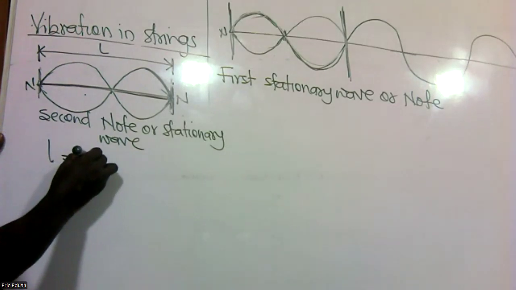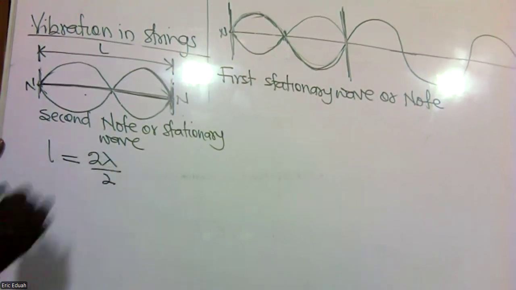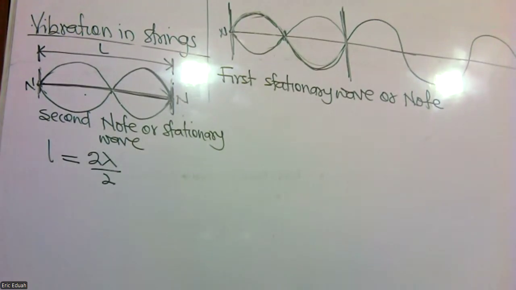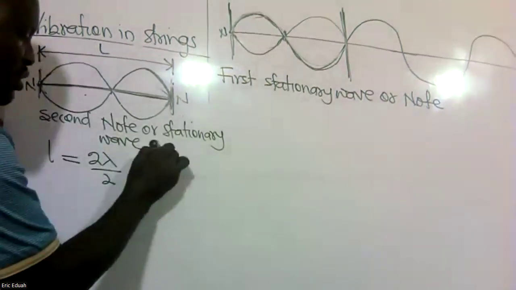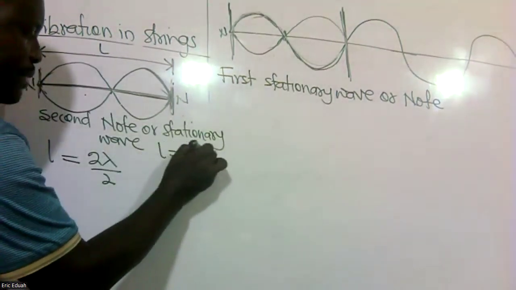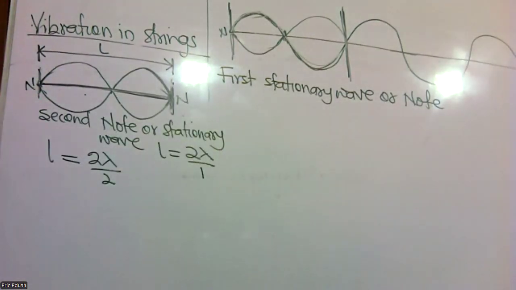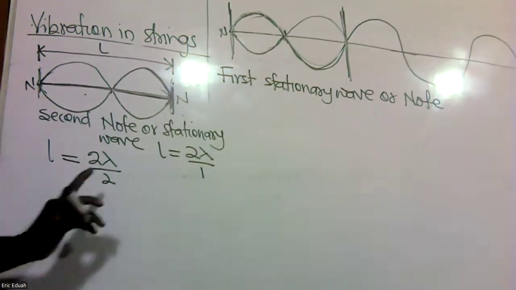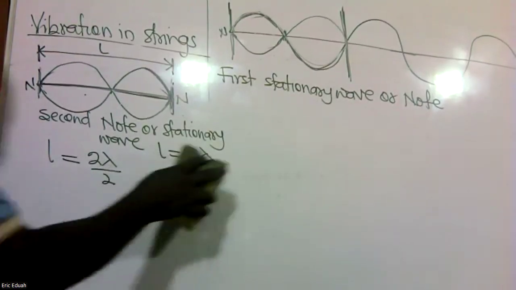So L is equal to 2 lambda over 2. And I'm doing this for a reason. If you recall, for the first one, L was equal to 2 lambda over 1. Even though 2 lambda over 2 is still lambda, we want to later create a general relation.